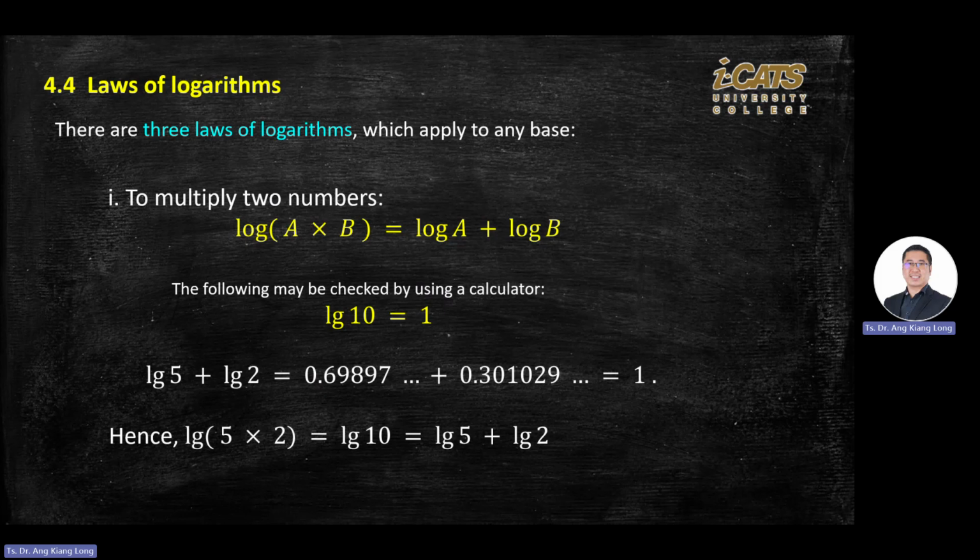Log 10 actually can be log bracket 5 multiply 2, so you can break it into log 5 plus log 2 to further define the solution. So this is the proving of the first law: log A multiply B equals log A plus log B.